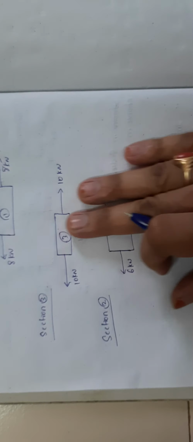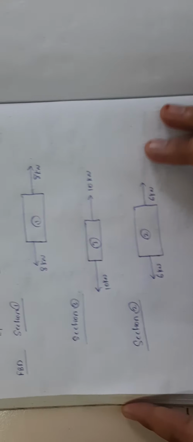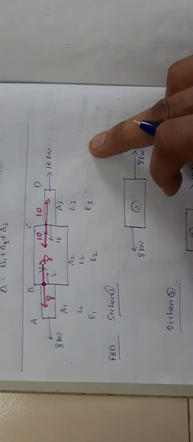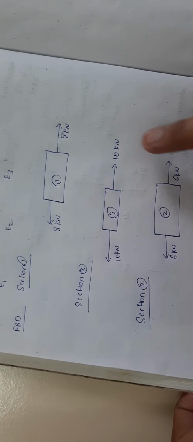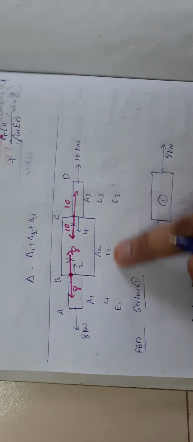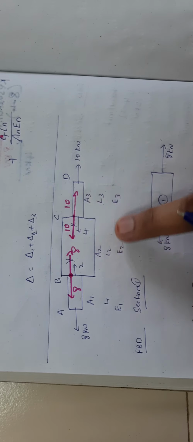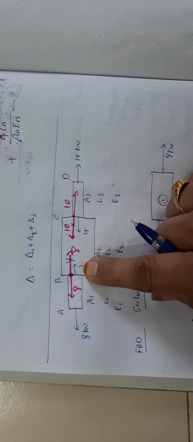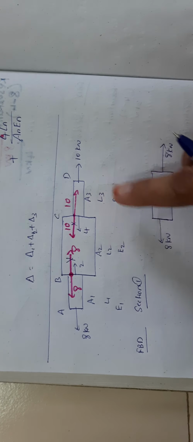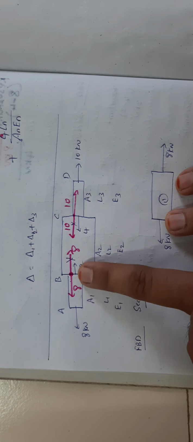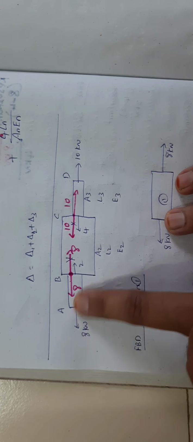After that you can calculate whatever you want to calculate. This is very simple. If you combine these three sections, section 1 plus section 2 plus section 3, you will get the given problem: 8 kilonewtons, 2 kilonewtons, 4 kilonewtons, 10 kilonewtons. But this is important: how much you are adding and subtracting is based upon the extreme load.